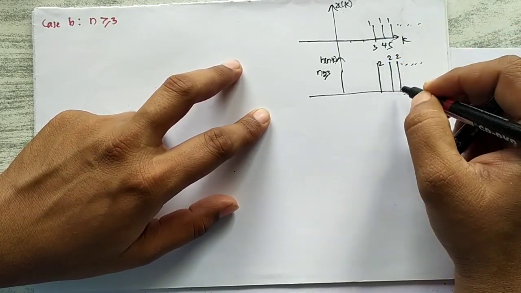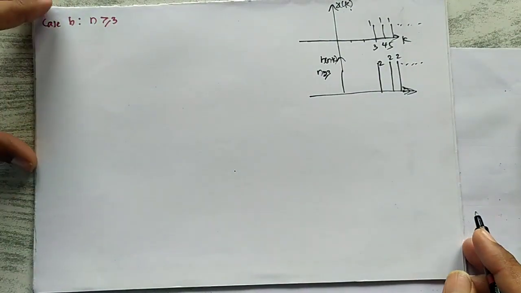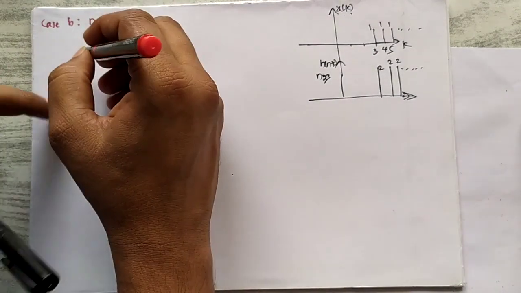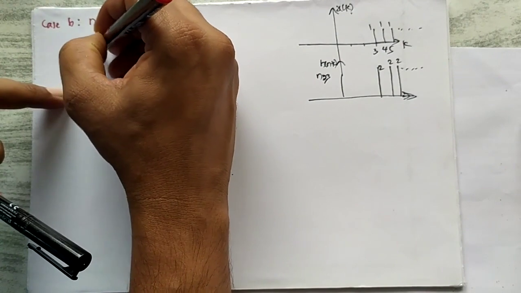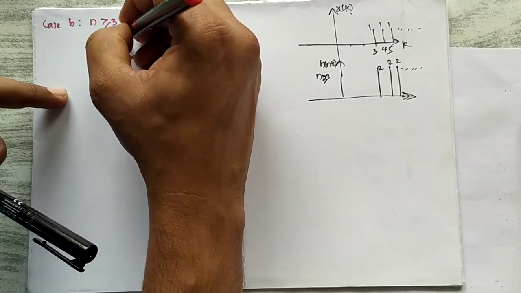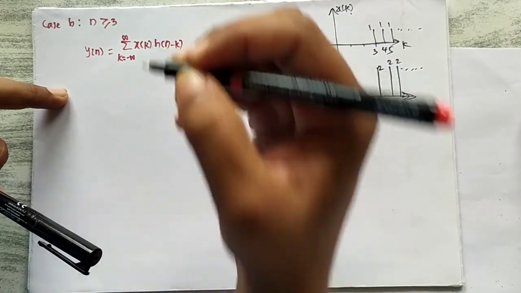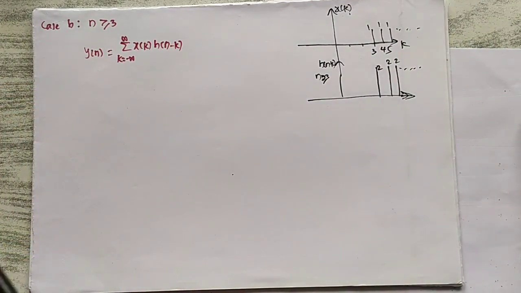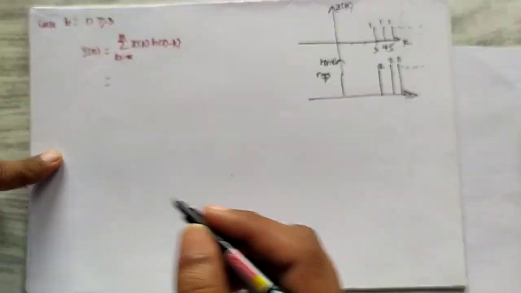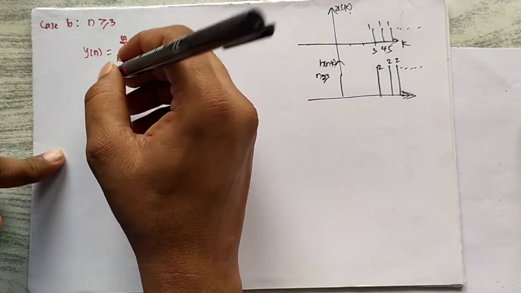So obviously for every sequence in x of k and h of n minus k, there is an overlap. For this condition we will have the expression y of n equal to summation k equal to minus infinity to infinity x of k h of n minus k. For negative values of n, both x of k and h of n minus k are 0, so it is causal.